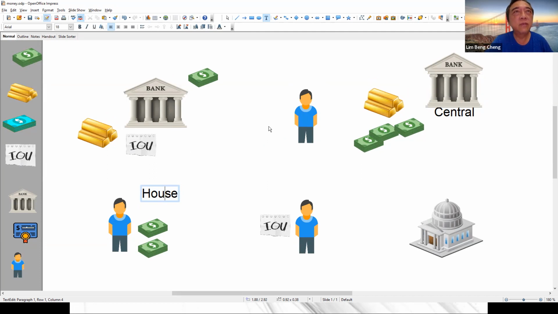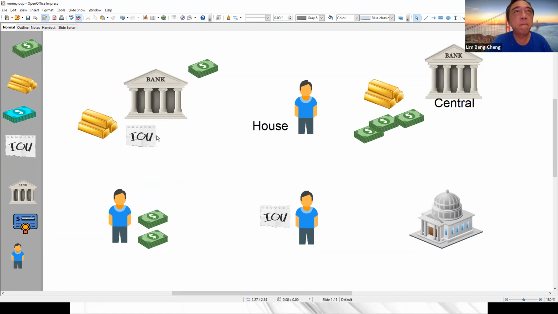So when you give the house to him, this fellow will go to the bank. Okay, the bank may not have money, so it can either borrow from the central bank again, exchange, or the bank can create its own credit line.